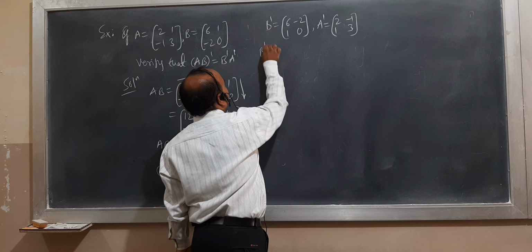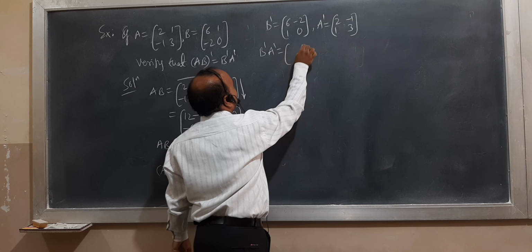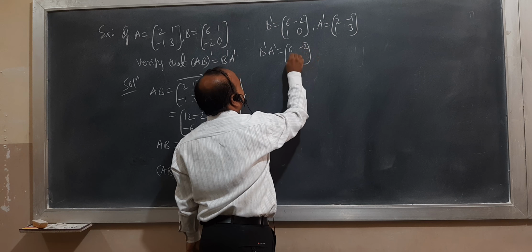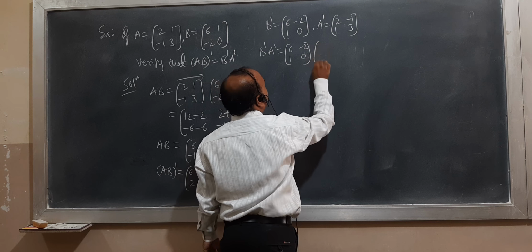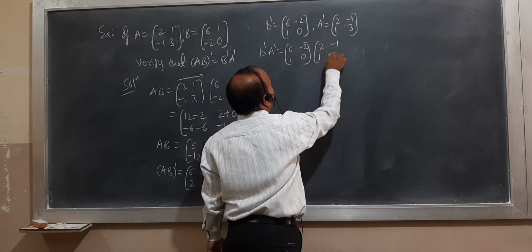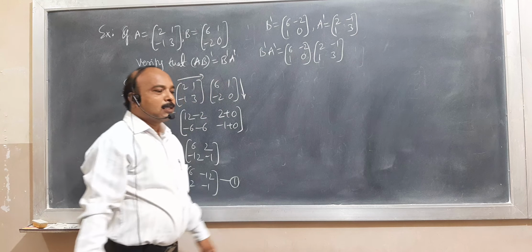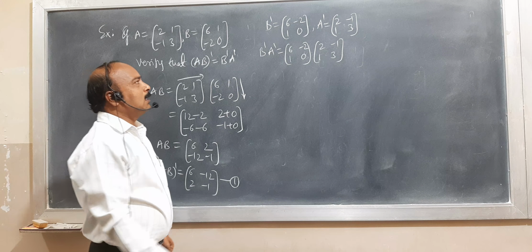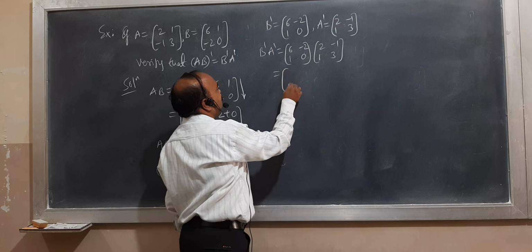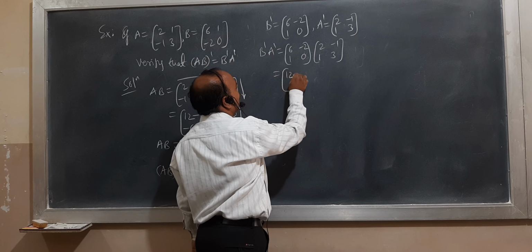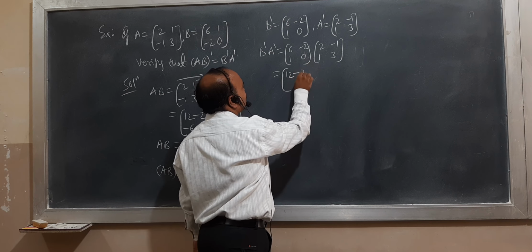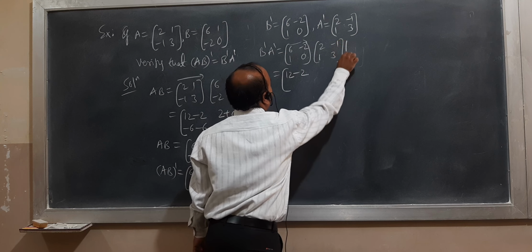Then right hand side it is B dash A dash. We calculate B dash into A dash matrix. It is [6, minus 2, 1, 0] into [2, minus 1, 1, 3]. Now you check the result by multiplication. 6 into 2 is 12, minus 2 into 1 is minus 2. First row with first column.